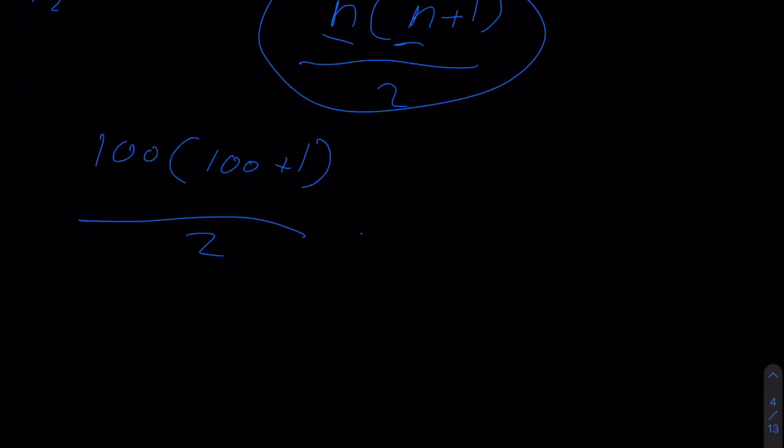So let's see. What is 100 multiplied by 101? It is as simple as it gets. 10,100. And over 2.